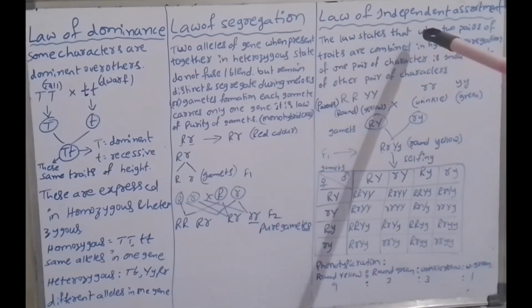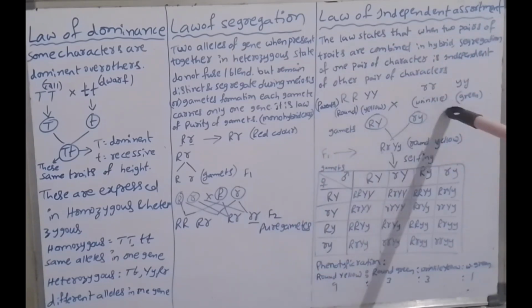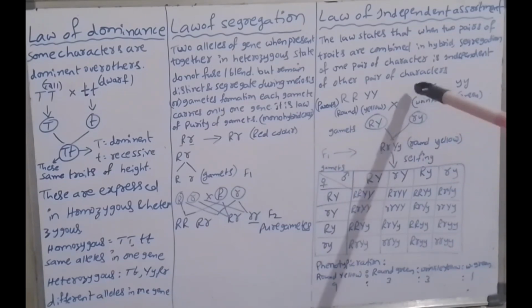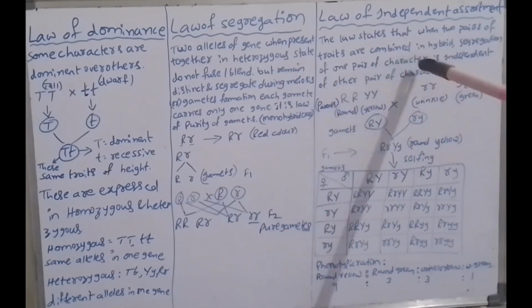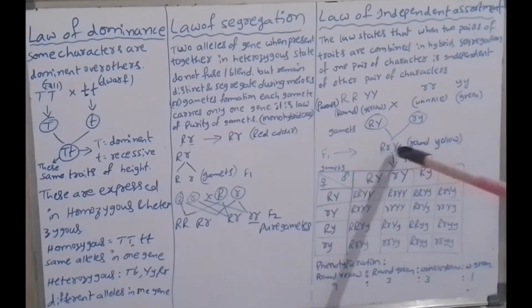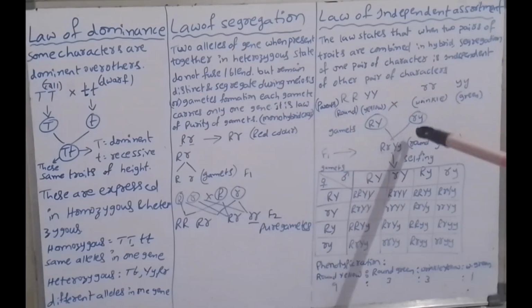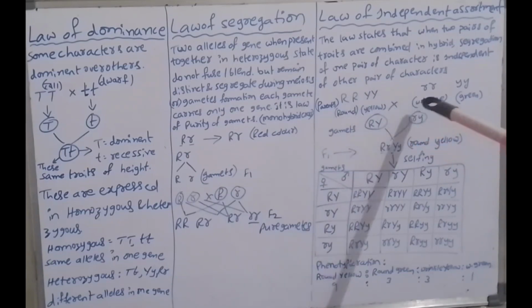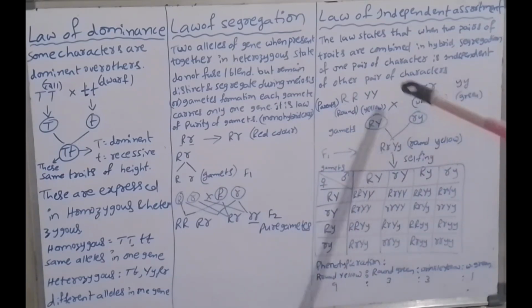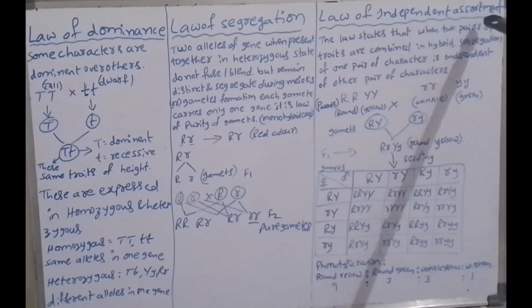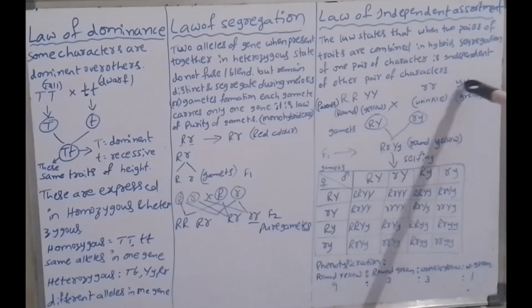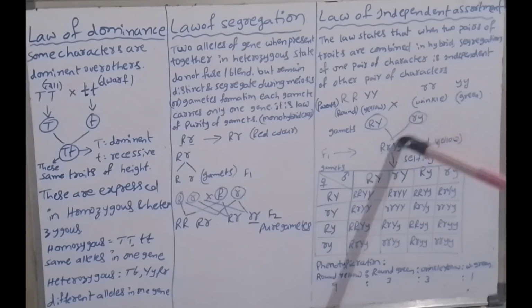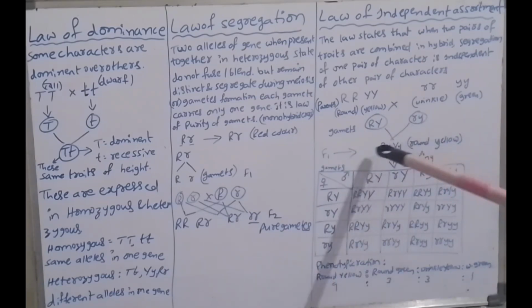The law states that when two pairs of traits are combined in a hybrid or crossing, segregation of one pair of characters is independent of the other pair of characters. The first pair is round yellow, and the next pair is wrinkled green.